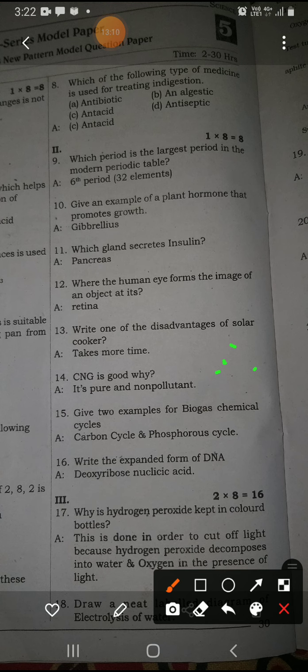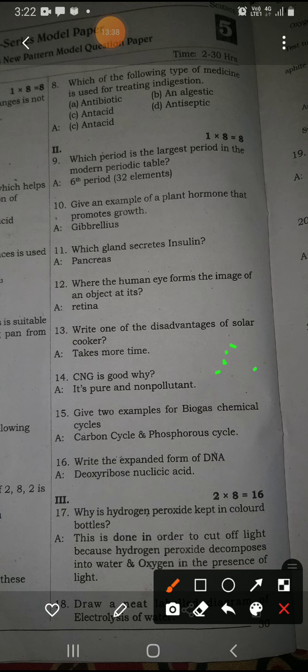So you can write, it's time consuming, right? When we use LPG, we heat up and cook the food in that manner, but the solar cooker won't work that way, so it is time consuming.